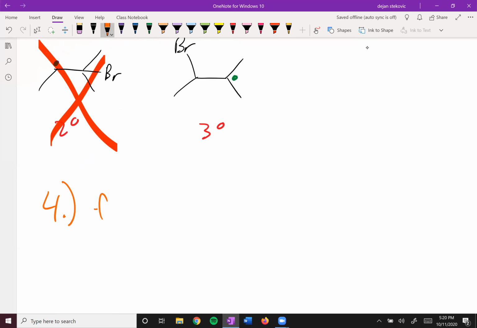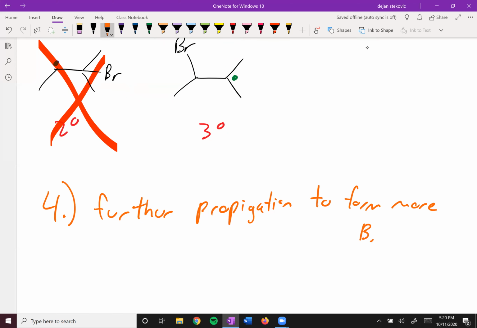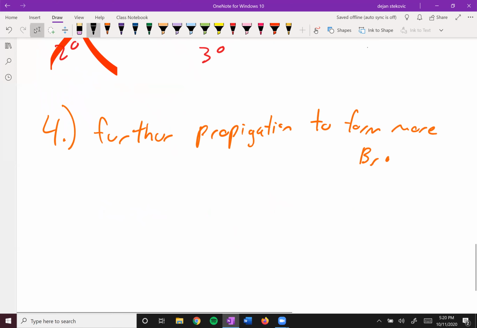And then step 4 here is further propagation to form more bromine radical. So we have our tertiary radical right here.